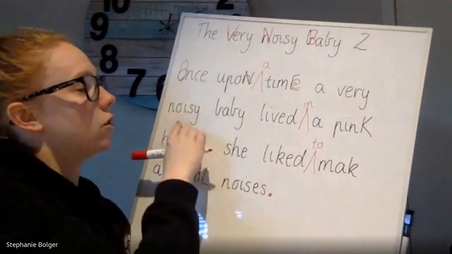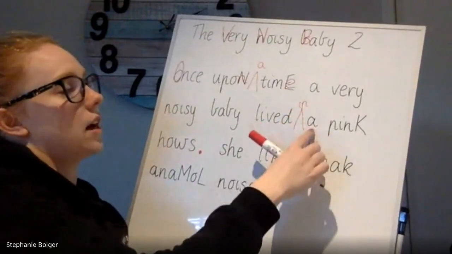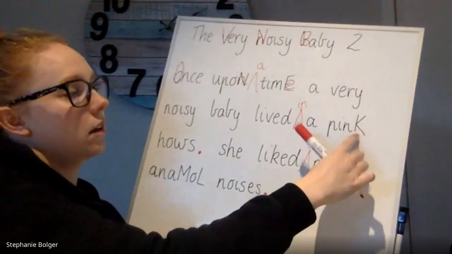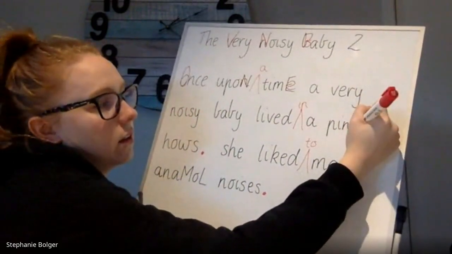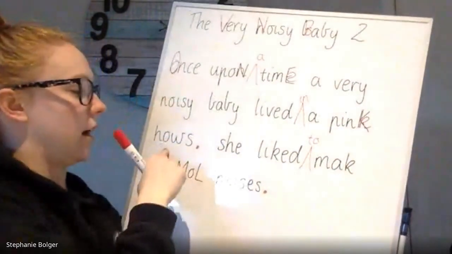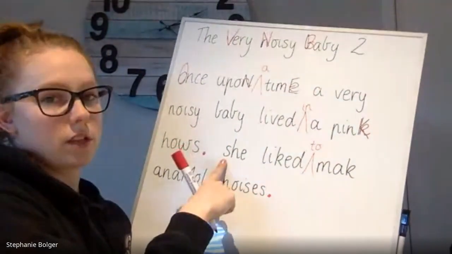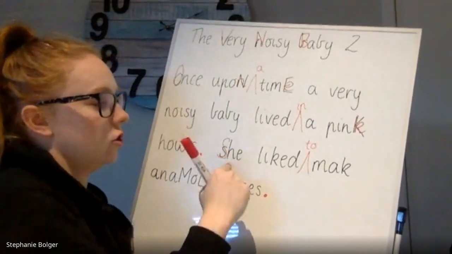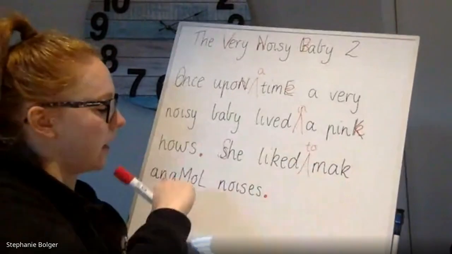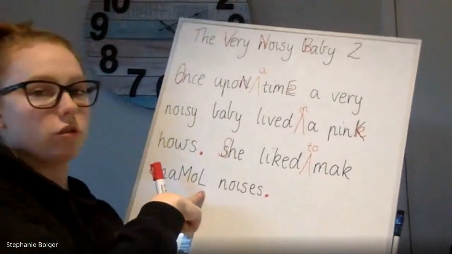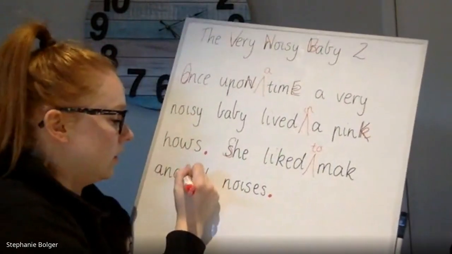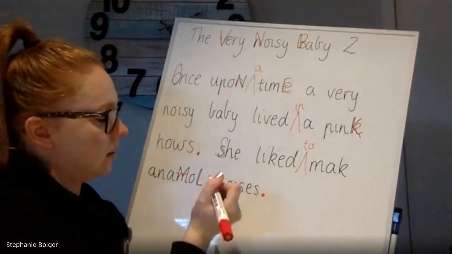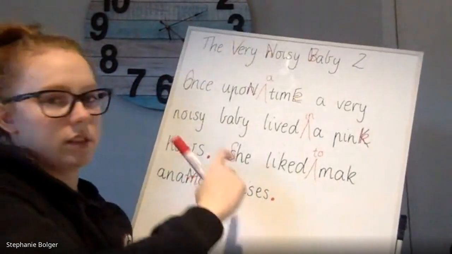A very noisy baby lived in a pink house. New sentence, because we put a full stop. This needs a capital letter now. She liked to make animal, two there, don't need them. Practice your lowercase letters. Animal noises.